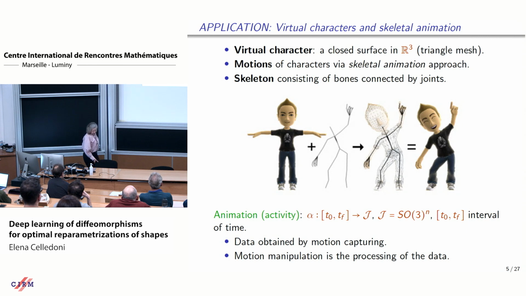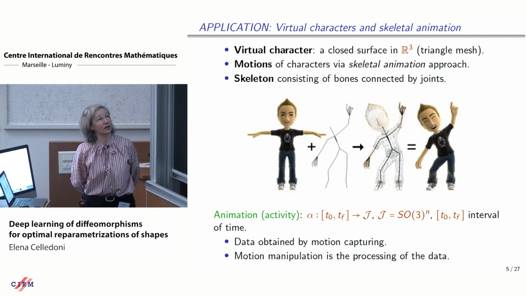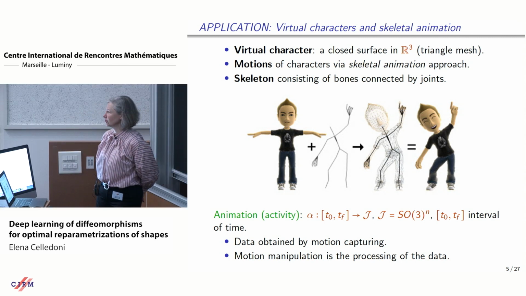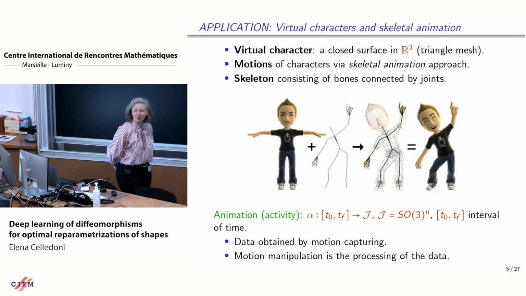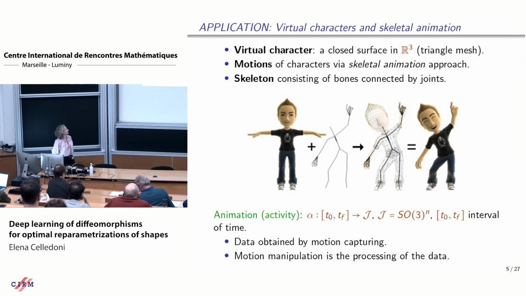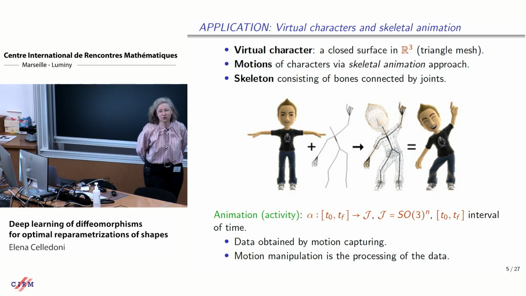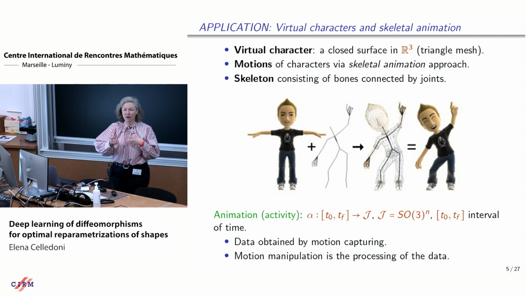A completely different example that I've been considering and working a little bit with is that of virtual characters and skeletal animation, or activity recognition. So here, what you want to do is to create animations in computer games, for example. And then you have some data which represents motions of several types, and you want to blend this data, manipulate this data in order to create new animations.